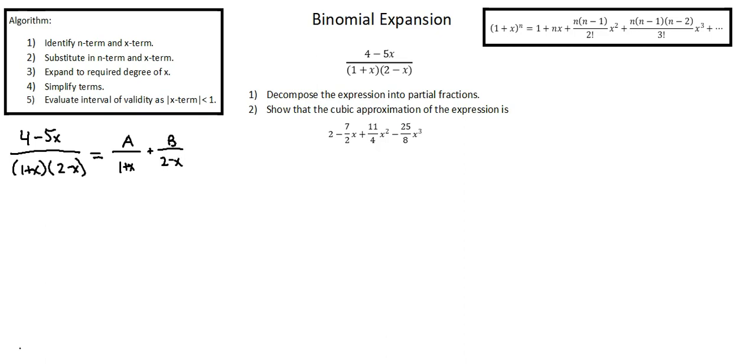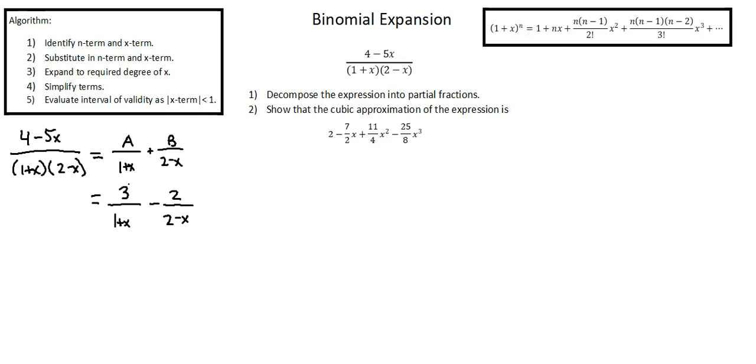Now you might want to work through this partial fractions analysis for practice. I'm going to move right to the end of the partial fractions analysis. We will have 3 over 1 plus x minus 2 over 2 minus x.